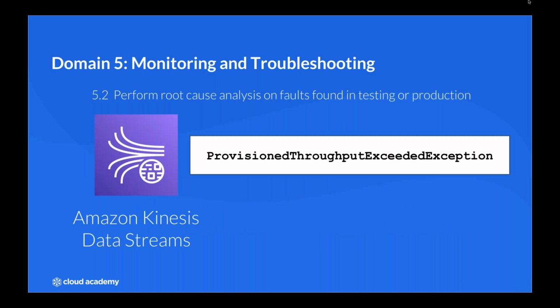And so, we bounce back and forth between the two subdomains, but this is performing root cause analysis. Here inside CloudWatch, I get a "provisioned throughput exceeded" message.